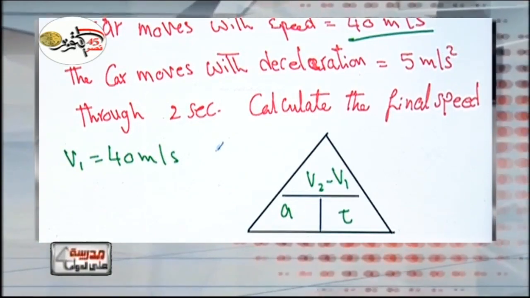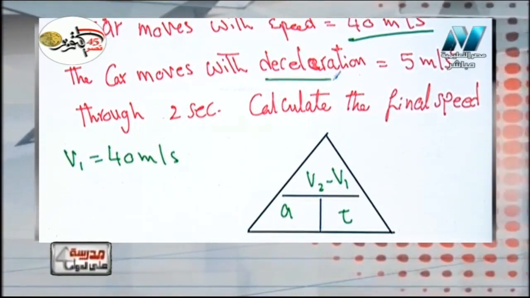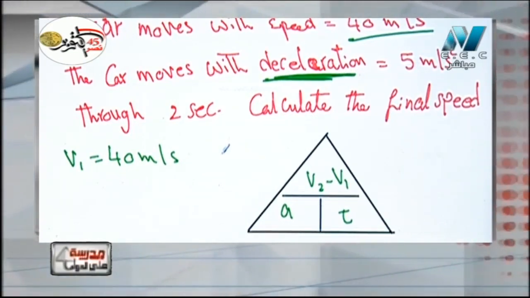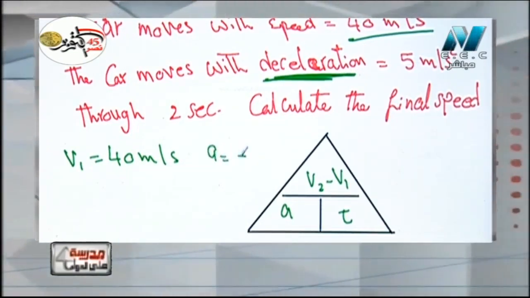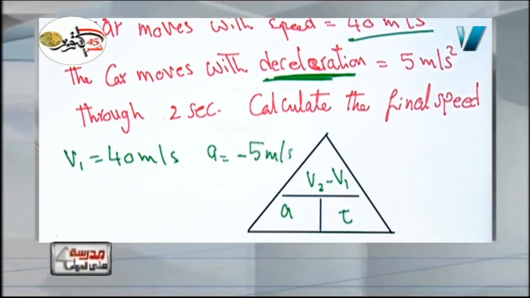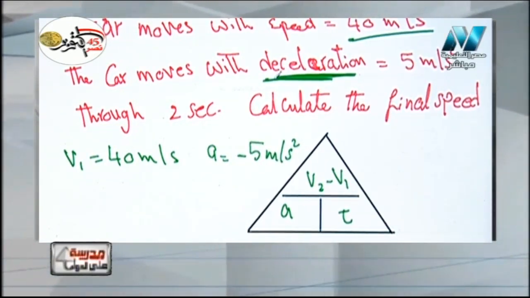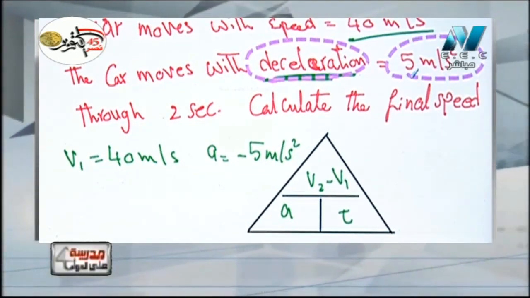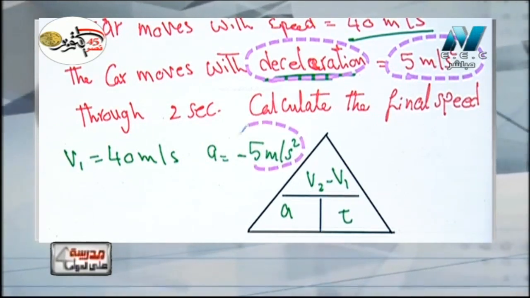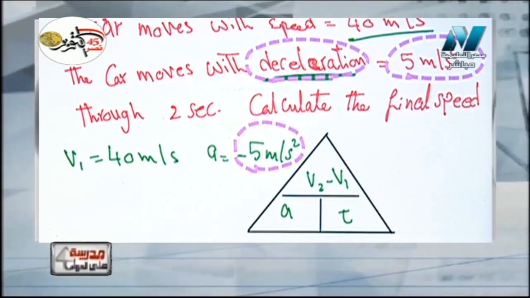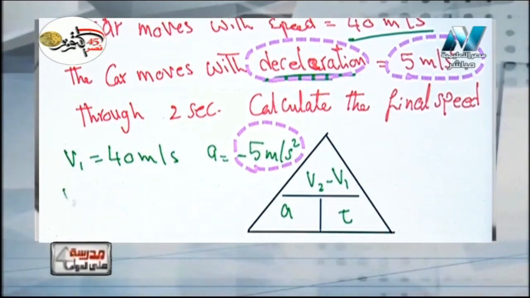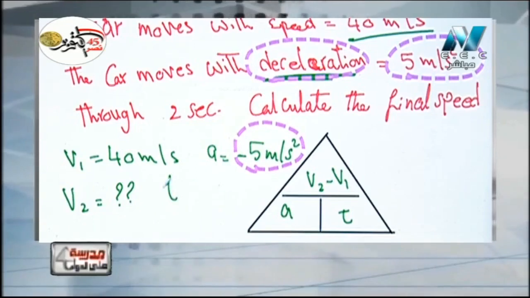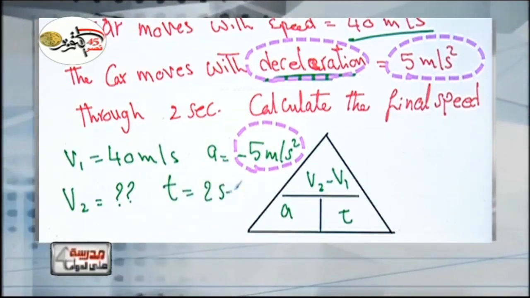Here we have to remember, خلي بالنا بقى. Decreasing or deceleration, so we have negative. So we will write what? Acceleration equal negative 5 meter per second power 2. ليه? Because here we talk about deceleration. So we have negative acceleration. So the value is negative. Okay. And I want to calculate what? I want to calculate V2. V2 unknown. And time equal what? Time equal 2 seconds. Okay.